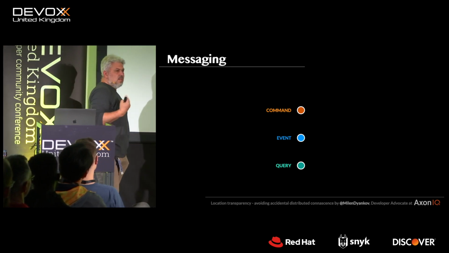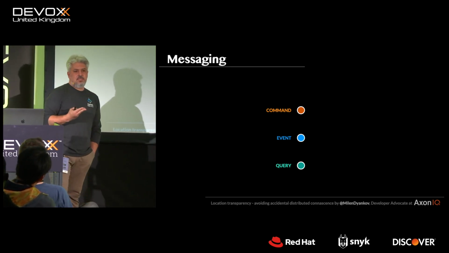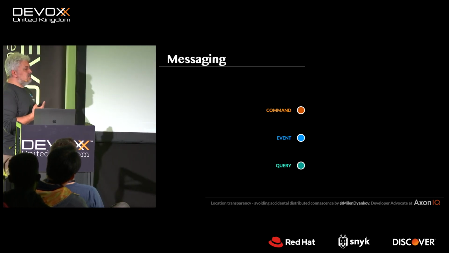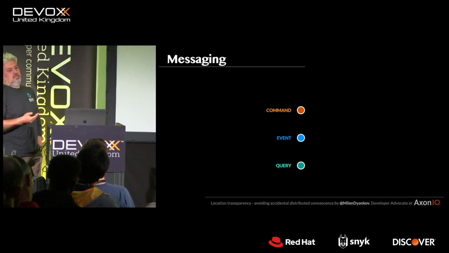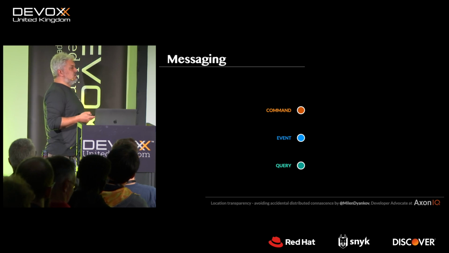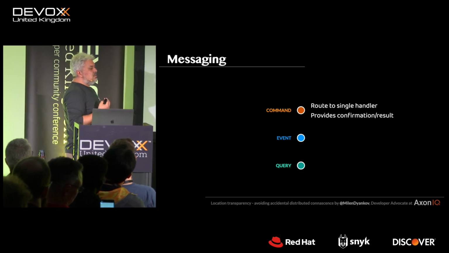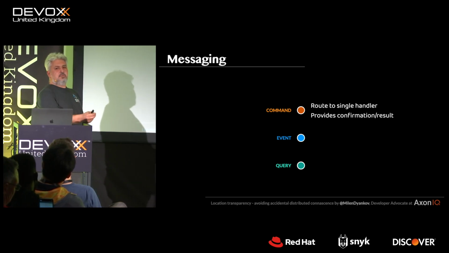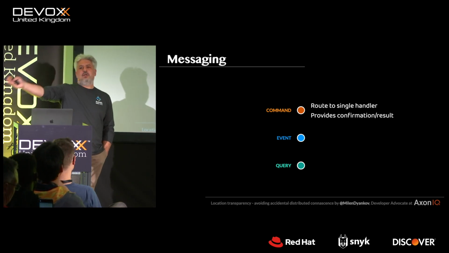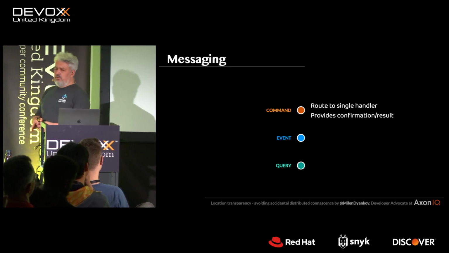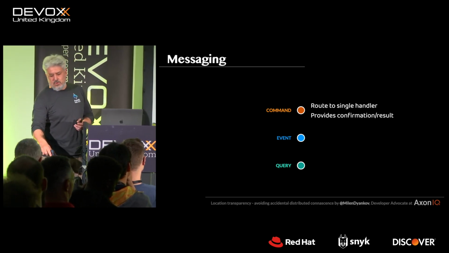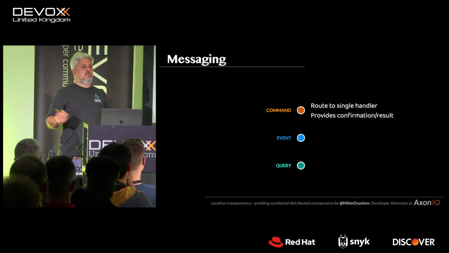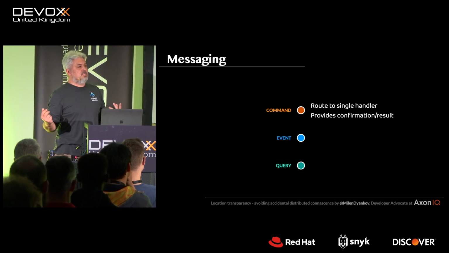We have at least three types of messages that are fundamentally different: commands, events, and queries. So what is the difference? A command is a message that you want to send to a particular component. It's not shouting out at the world. If I want a glass of water, I'm unlikely to say, someone please bring me a glass of water.